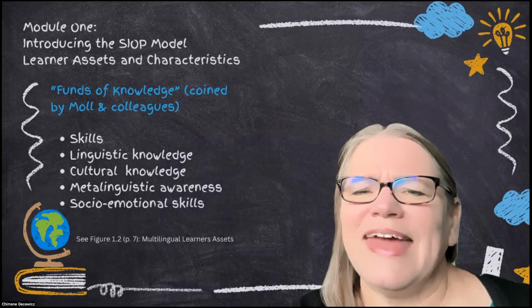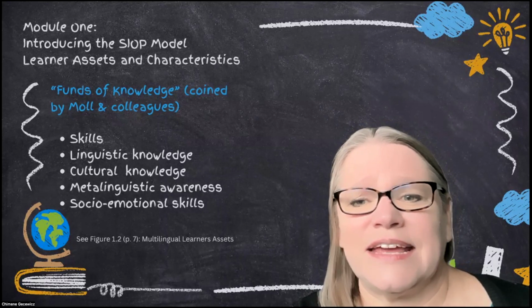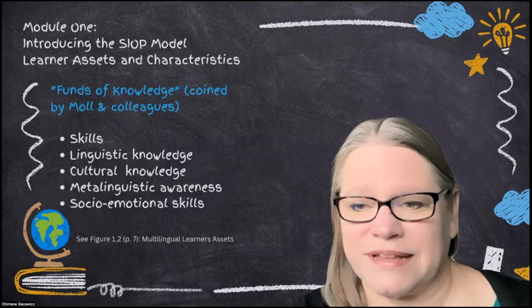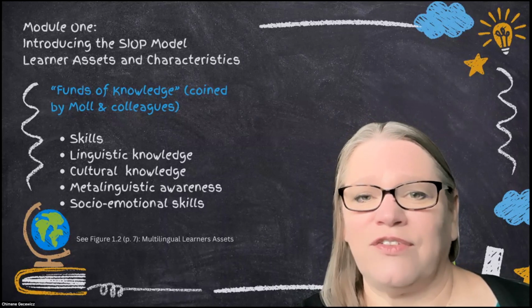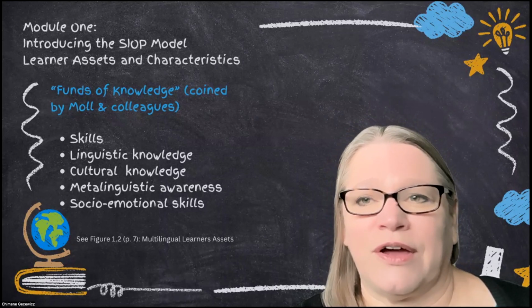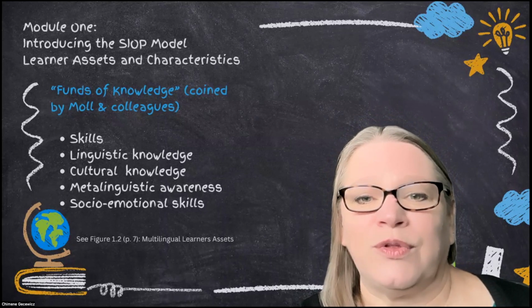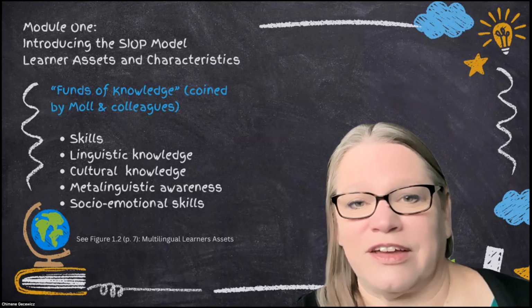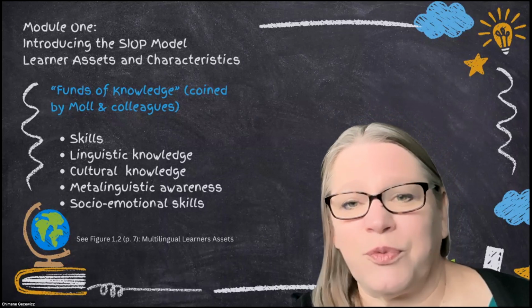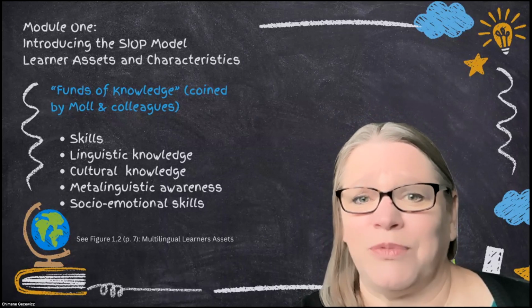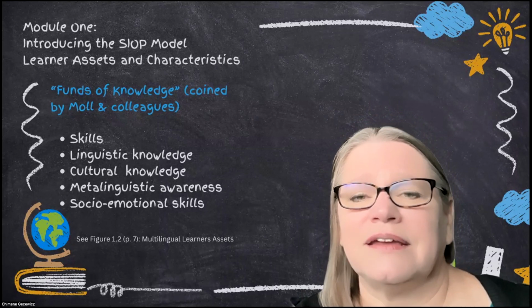So they can take these skills and they don't have to relearn them completely from scratch. They can transfer a lot of what they know from their L1 into their learning of English, if we have strategic instruction that aims to help them do that.